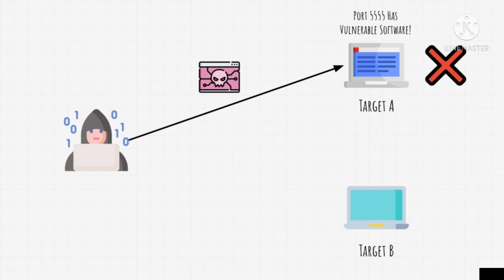Well, this scenario would only work if the target has a vulnerability. But what if it doesn't have a vulnerability? What if all of its software is fully updated and secured? What then? In that case, we would do something similar.